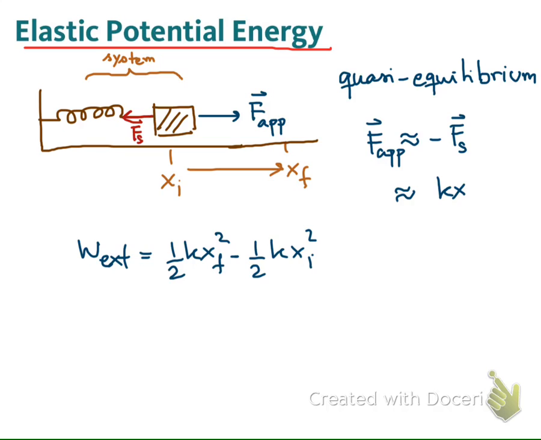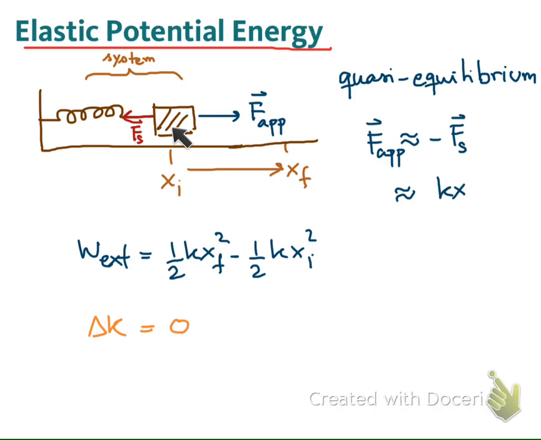So it means that in this process there is no change in kinetic energy, that the change in K is 0. So we cannot apply the work-kinetic energy theorem to this situation.